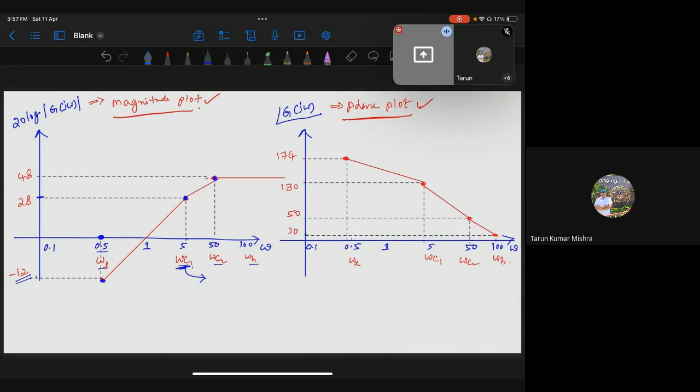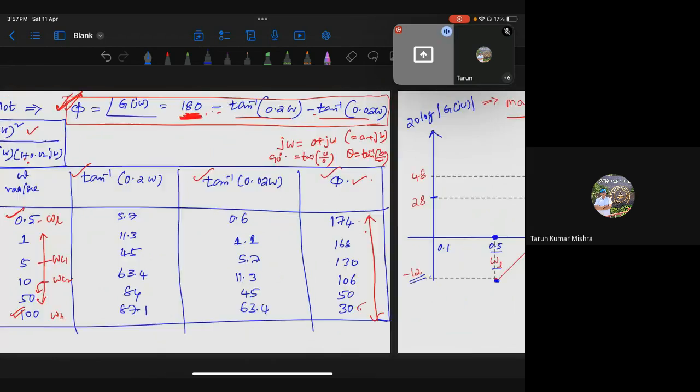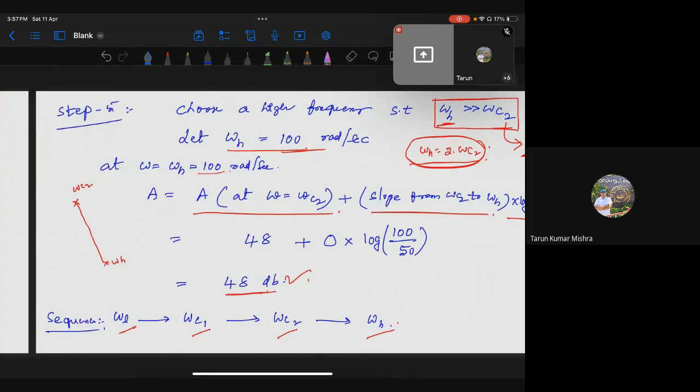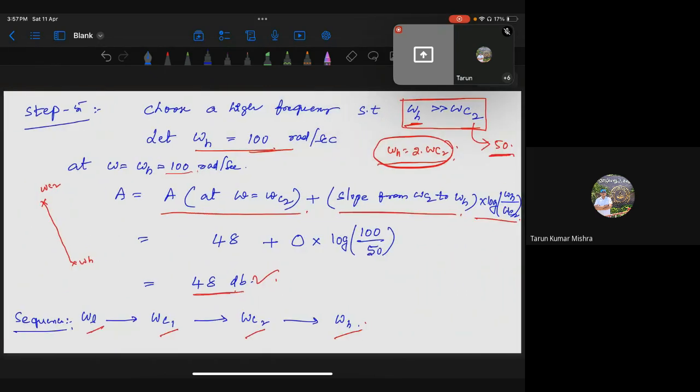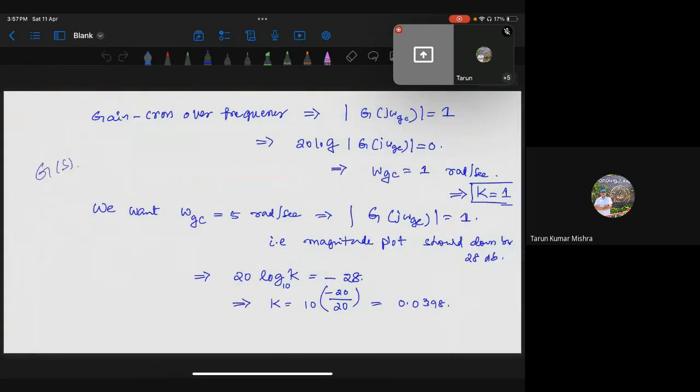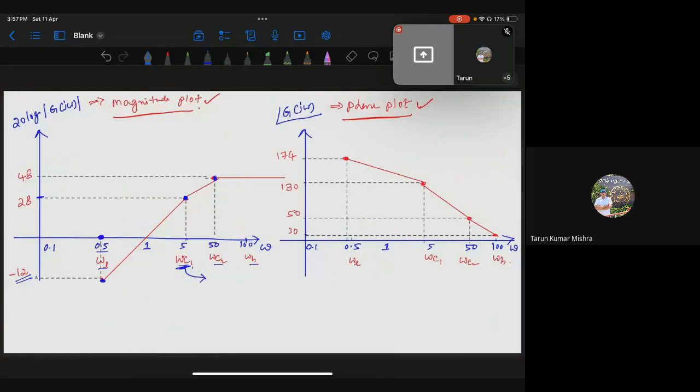Then omega H is again 48 dB, at omega H equal to 100. So from all the values, 48 dB. Is this step clear? This is your Bode plot, magnitude plot.